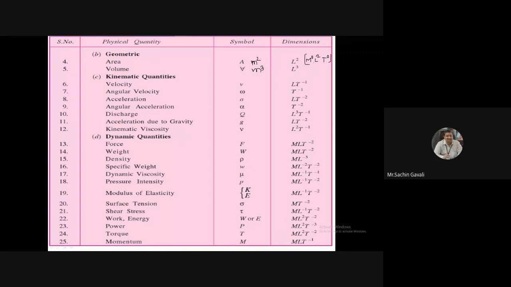Meter cube, correct. And then its MLT form will definitely be M raised to 0, L raised to 3, and T raised to 0. So this will be the MLT form of volume.